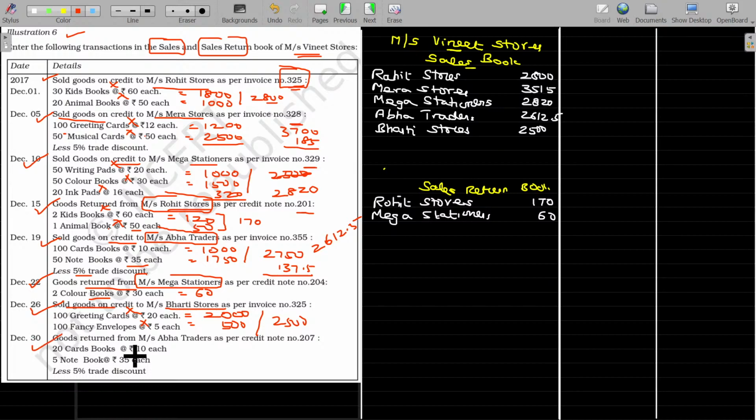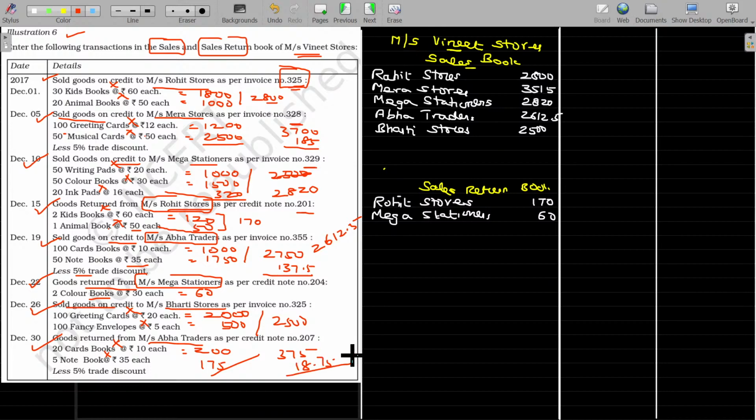On 30th, goods returned from Mrs. Abba Traders. 20 card books at rupees 10 each, 200. 5 notebooks at rupees 35 each, 35 into 5, 175. Total 375. 5% discount on that being 18.75.